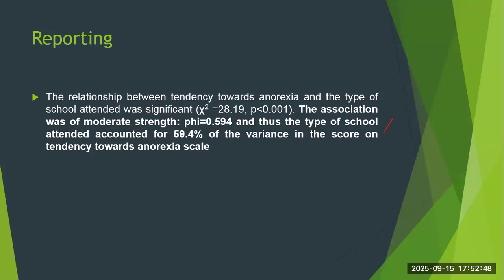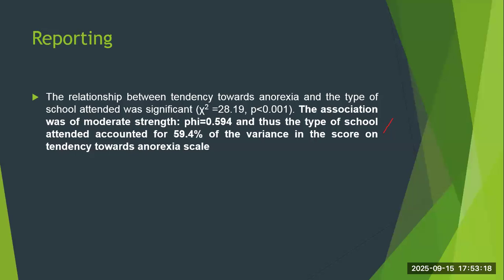So if you have clicked the phi coefficient, you can quantify what degree of the anorexia status is explained by the type of school attended. Assuming that anorexia nervosa status is the dependent variable, it depends on the type of school you're attending, whether private or public. So the independent variable is school type, right?